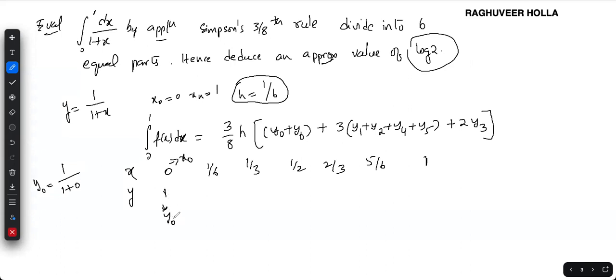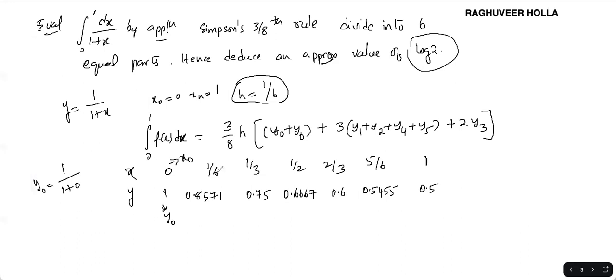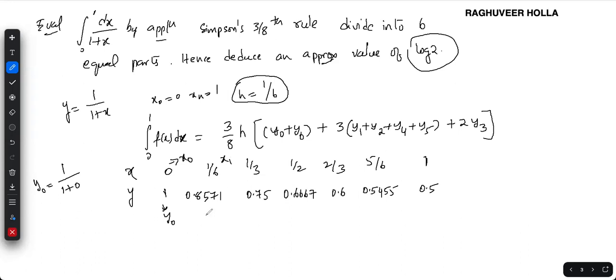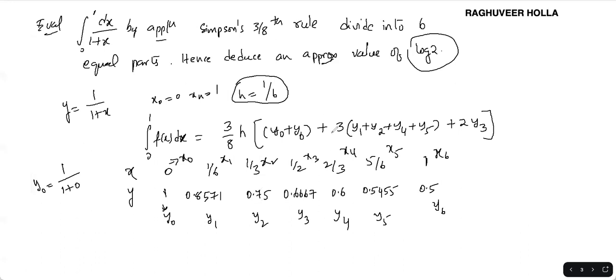Please calculate all the values. Please check your answers. Corresponding to x1 you got y1, x2, y2, x3, y3, and this is x4, y4, x5, y5, and x6, y6. Please substitute here.